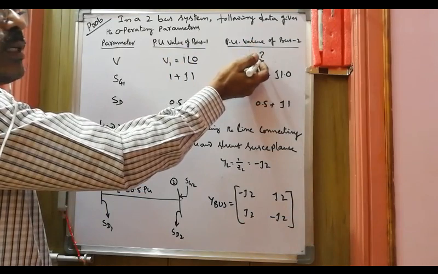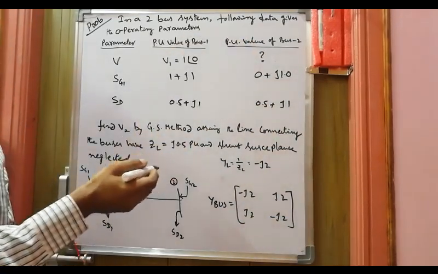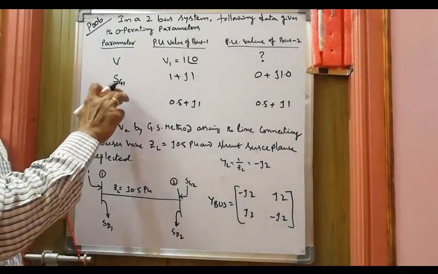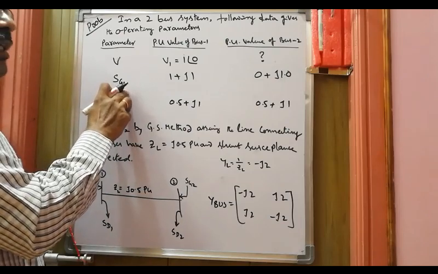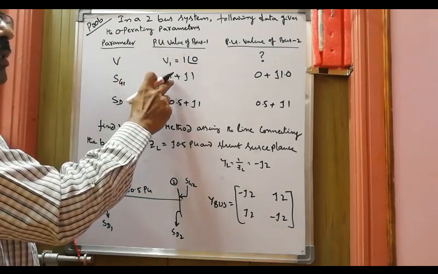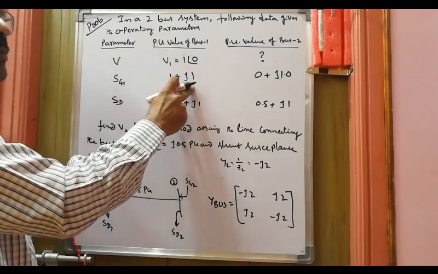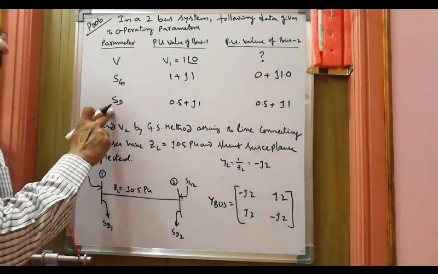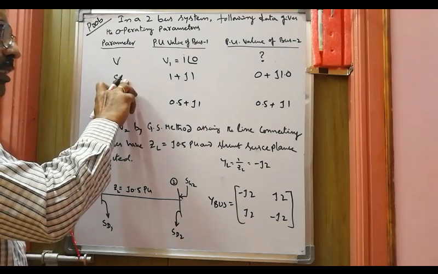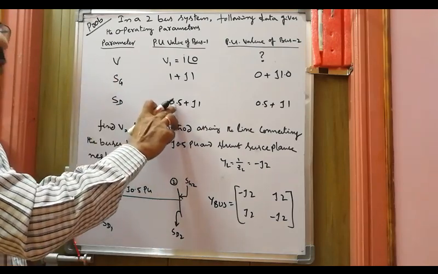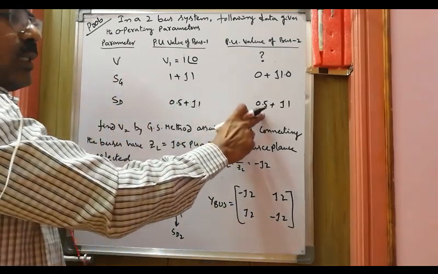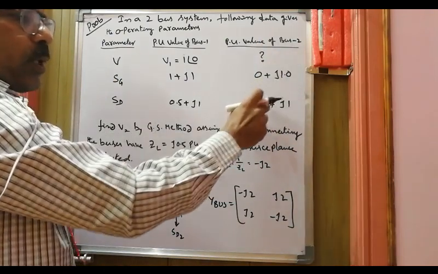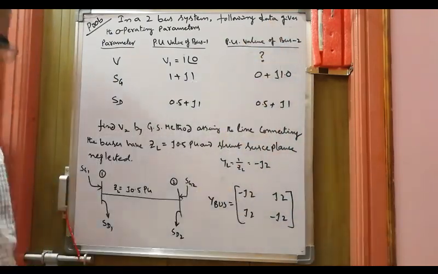Then at bus 2 you need to calculate. SG1 for bus 1 is 1 plus j1, and at bus 2 it is 0 plus j1. SD, the demand, is 0.5 plus j1 at bus 1, and 0.5 plus j1 at bus 2. They are given.